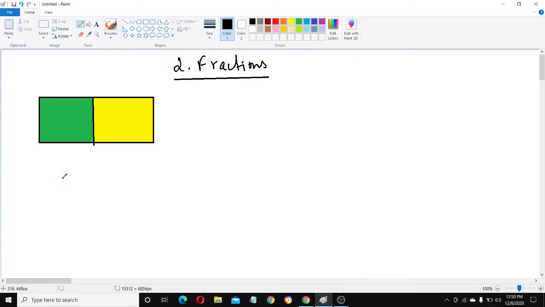In denominator, how many equal parts are there? It is divided into two equal parts. Write in denominator. In numerator, here green color part 1.